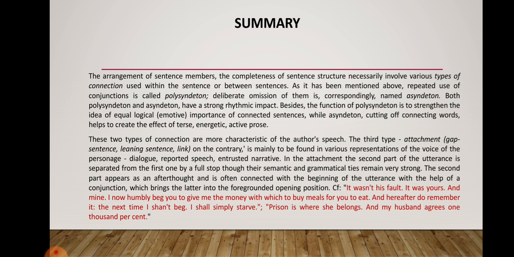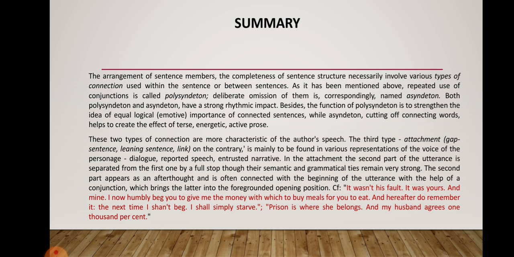Both Polysyndeton and Asyndeton have a strong rhythmic impact. Besides, the function of Polysyndeton is to strengthen the idea of equal logical, emotive importance of connected sentences, while Asyndeton, cutting off connecting words, helps to create the effect of terse, energetic, active prose.